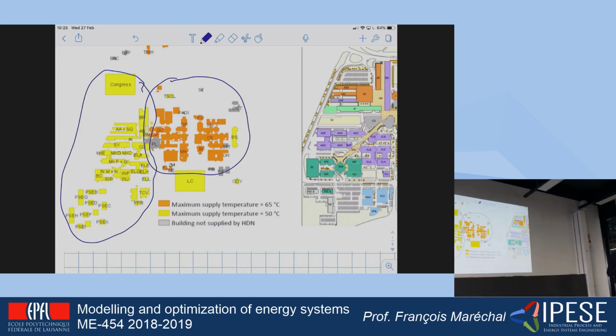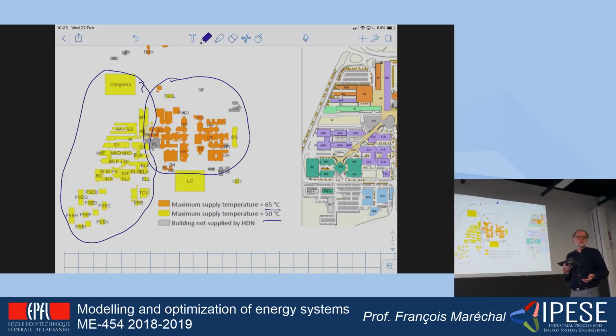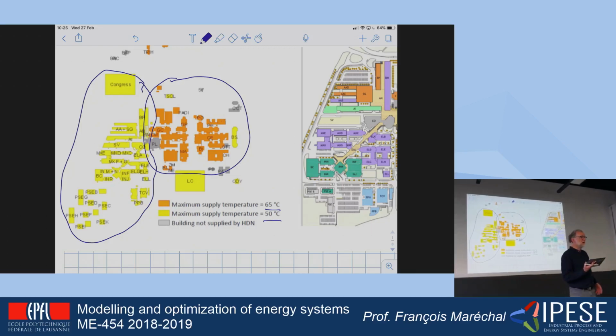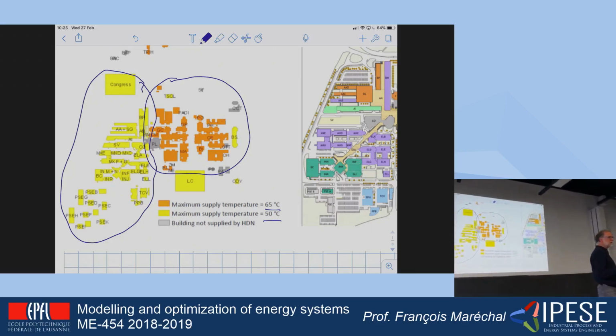And the values that you can see here, the maximum temperature here and here, in fact, are the design temperatures. So it means they have decided that there was a minimum temperature at which the buildings will need to be heated. So let's say -10, for example.